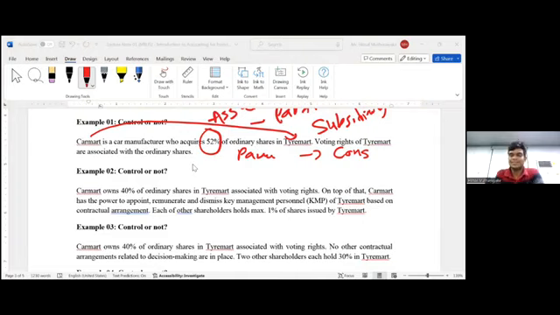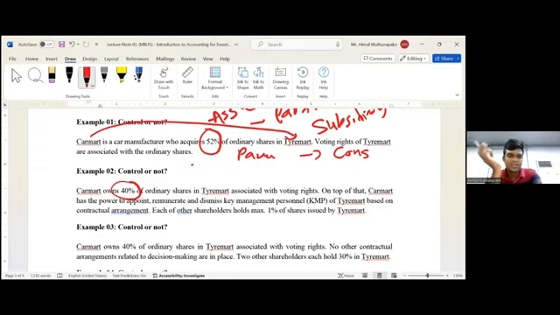Right. In this case, as we discussed, we only have 40% of the ordinary shares. When you look at the basic concept of control, they don't have control because they only have 40%. But Carmart can appoint, remunerate, and dismiss the key management personnel of Tire Mart.